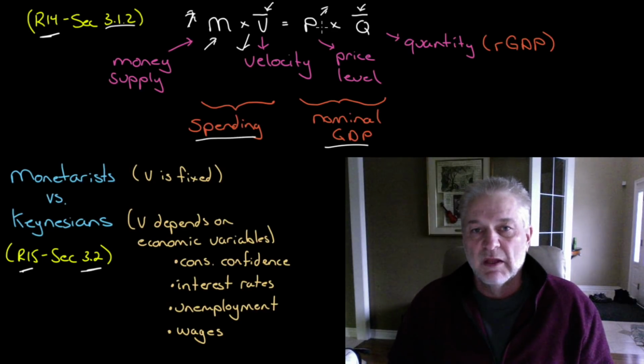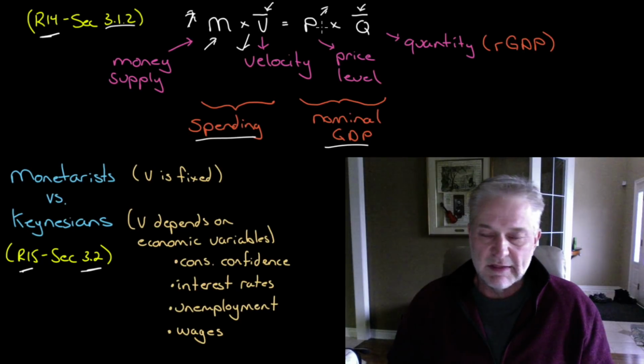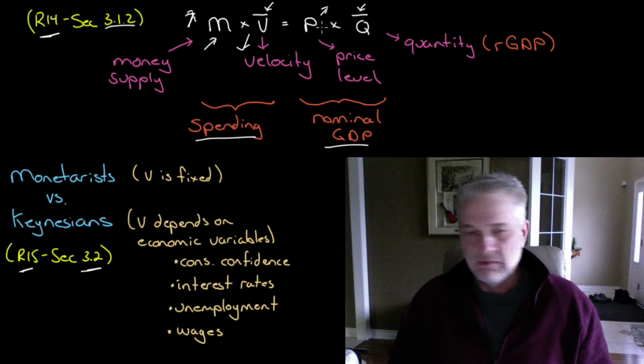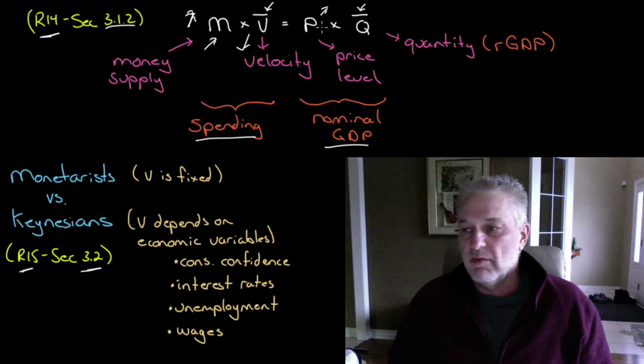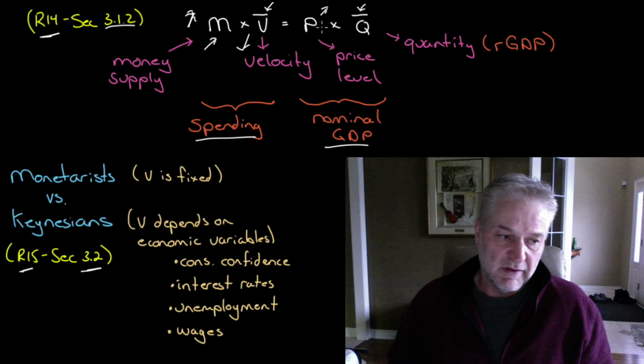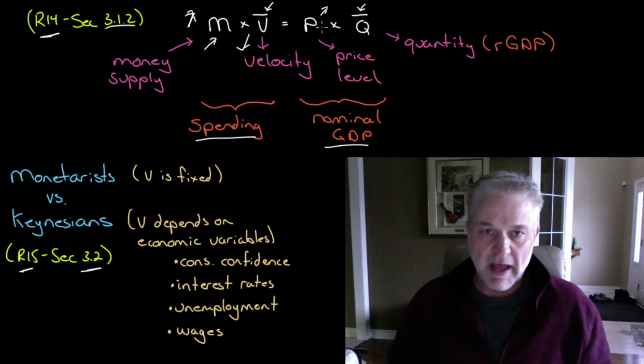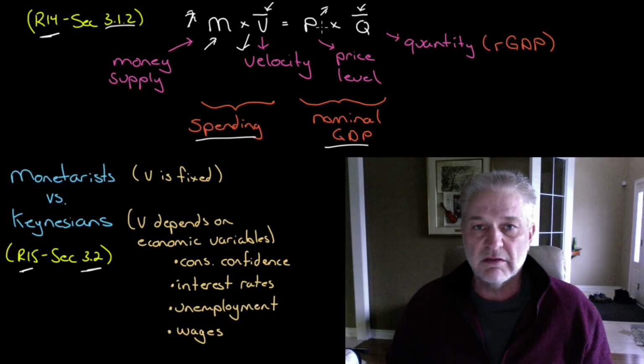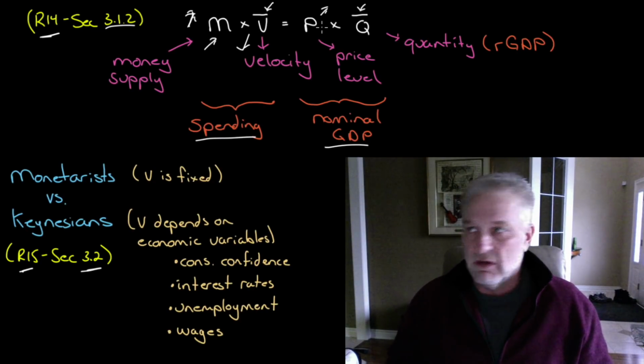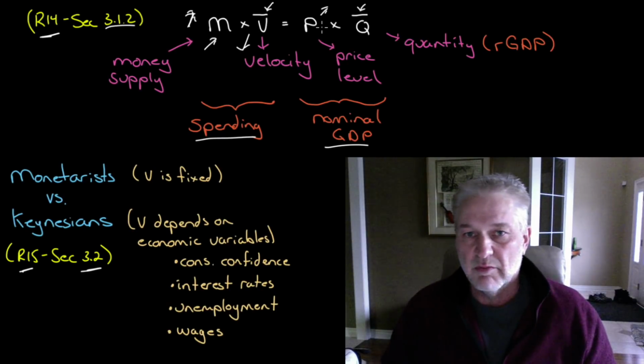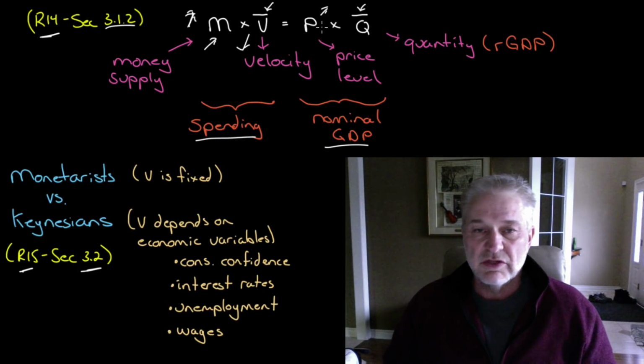So you can increase M all you want, but if V is dropping, you're not going to get a change in P. Not only that, Keynesians will push back and say, Q, fixed? No, it's not. Companies, especially if you have industrial capacity running around 75%, Q is not fixed at all. You can ramp up production with all that unused capacity with no time.